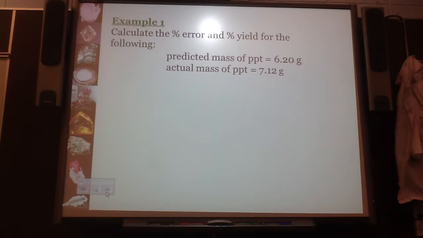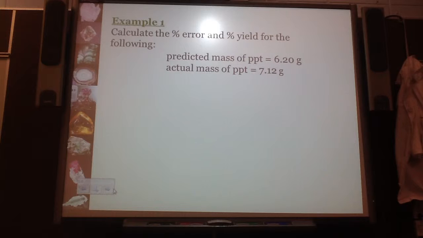Okay, so let's do this example. Calculate the percent error and the percent yield for the following. Say there's an experiment and the predicted mass that they had was 6.2, but the actual mass of what they got was 7.12 grams.